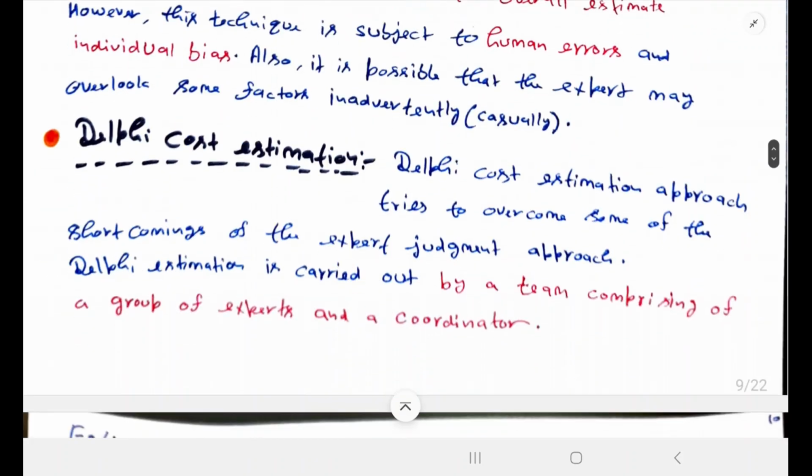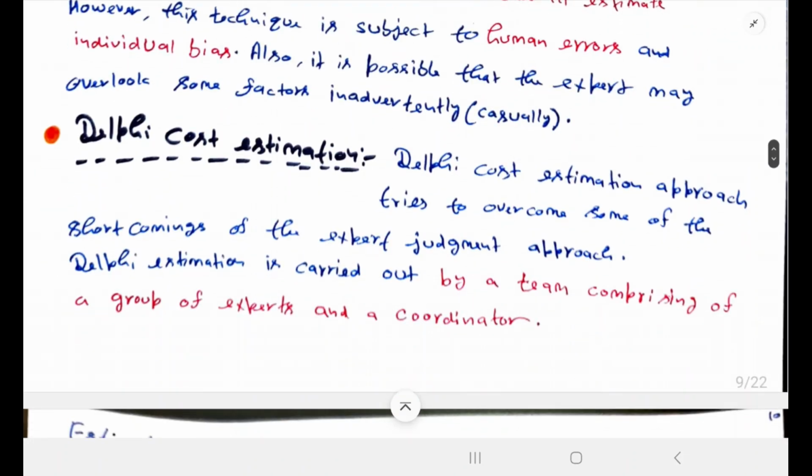Our next method is Delphi cost estimation. The Delphi cost estimation approach tries to overcome some of the shortcomings of the expert judgmental approach. Delphi estimation is carried out by a team comprising a group of experts and a coordinator.